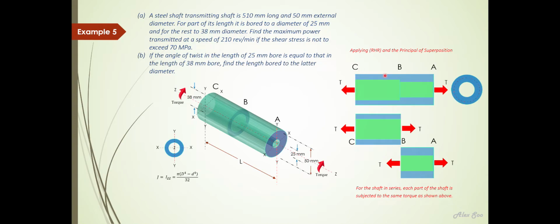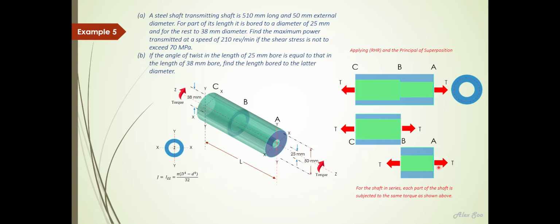What we need to do is split it up into two sections based on AB and BC. So here you have AB and BC. We have a torque of T, which is unknown yet, on both sections.